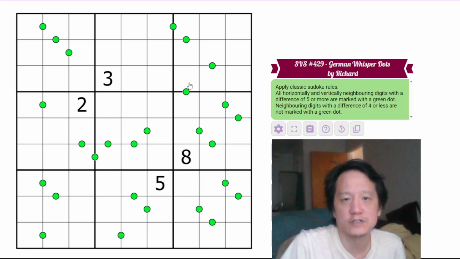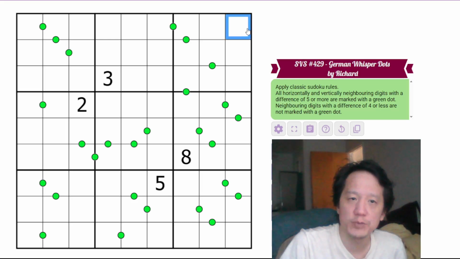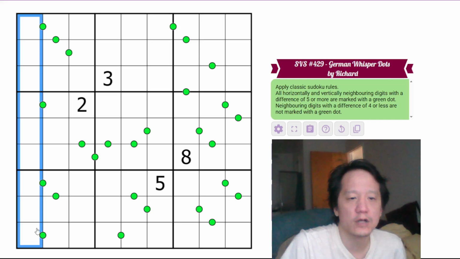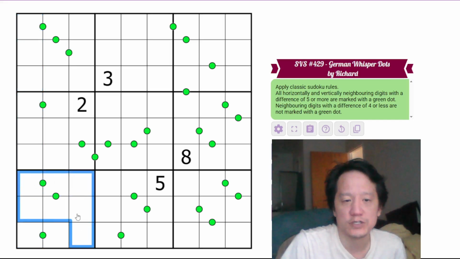Apply classic Sudoku rules, which means for each cell in the grid, place a single digit from 1 through 9 in each cell such that there are no repeats in any row, column, or designated 9-cell region, which in this case is a box.